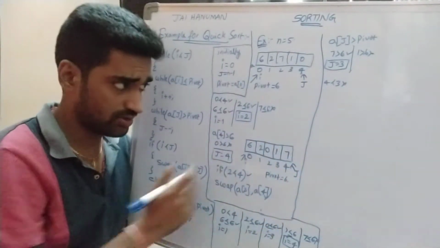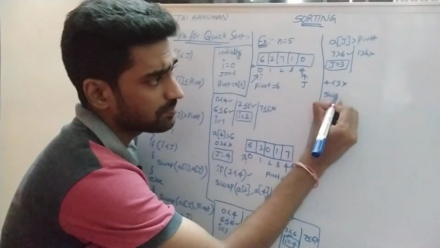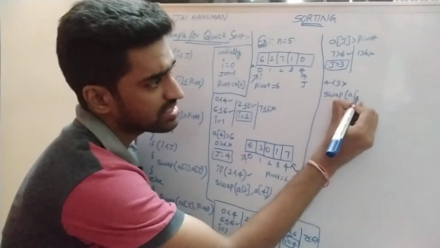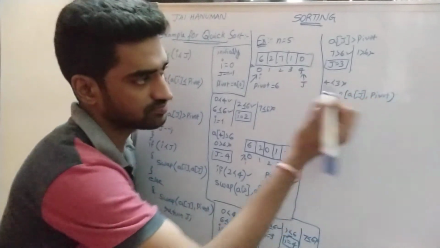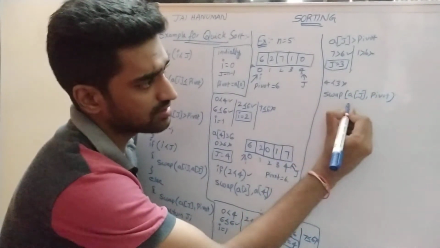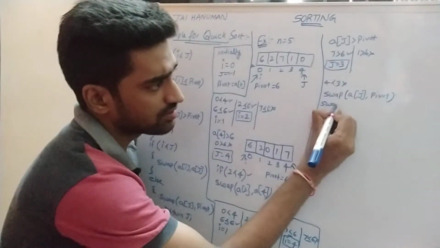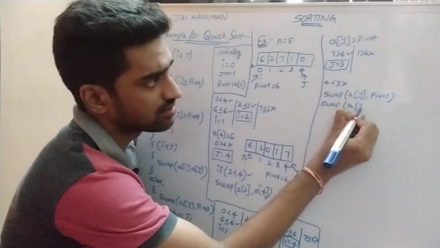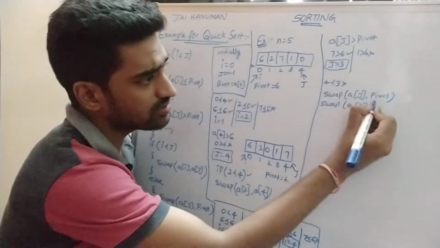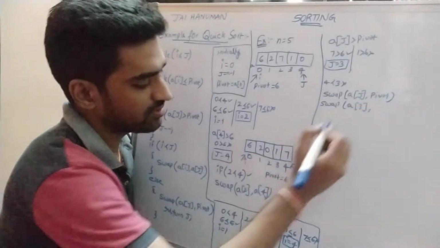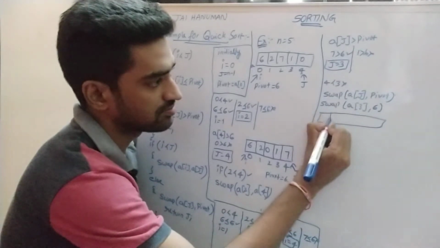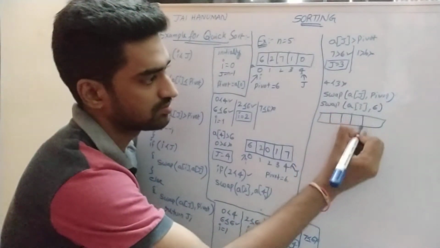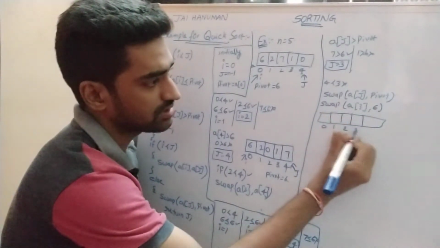So in the else part, what are we doing? Swap a of j and pivot. So a of j means a of 3; swap a of 3 with the pivot. The pivot value is 6. So now the array becomes like this, with indexes 0, 1, 2, 3, 4.